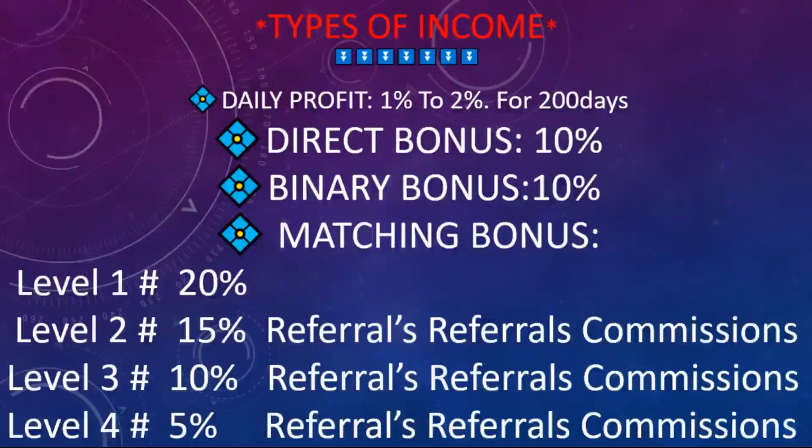Then you will get 50% of only referral bonus. Level 1 20%, level 1 direct bonus 10% and binary bonus 20%. Level 2 15%. Level 2 means referrals of the referrals commission.